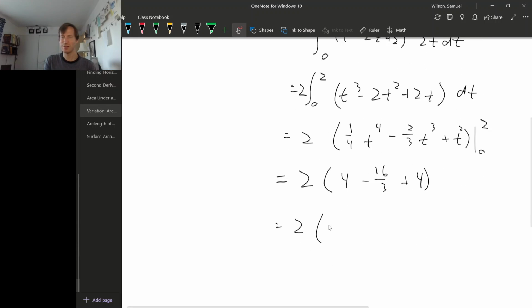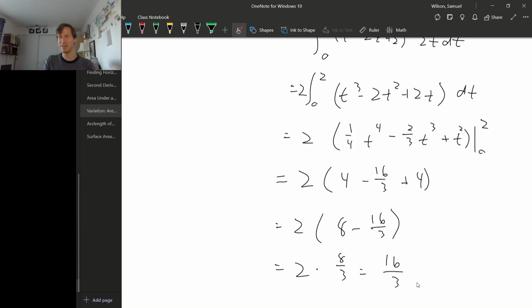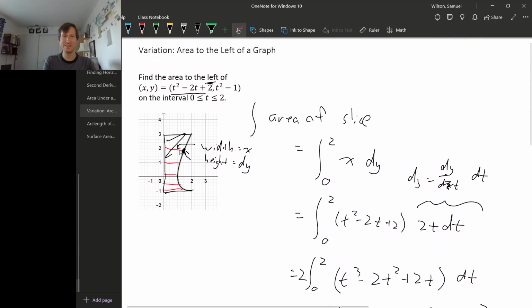So 2 times (8 minus 16/3), so 24/3 minus 16/3 is 8/3, so 2 times 8/3, so 16/3 altogether. All right, so that's this area to the left here. This is 16/3.